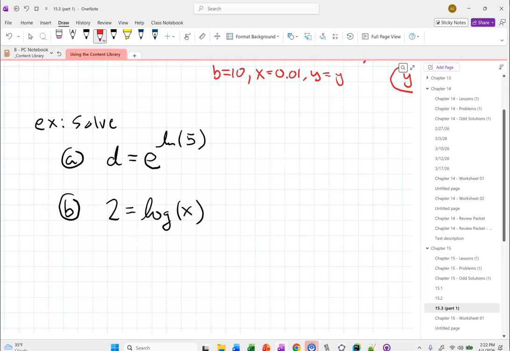Wouldn't it just be whenever we don't apply? Well, let's look at this one. We have an ln here, right? What is ln the same as? Log base e.